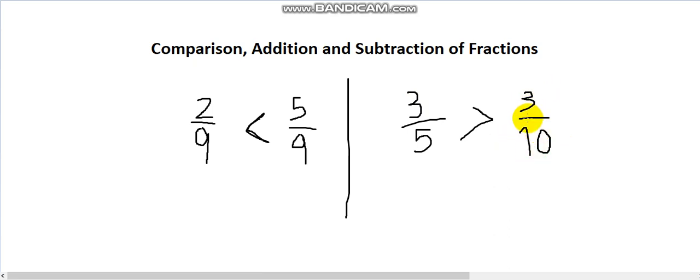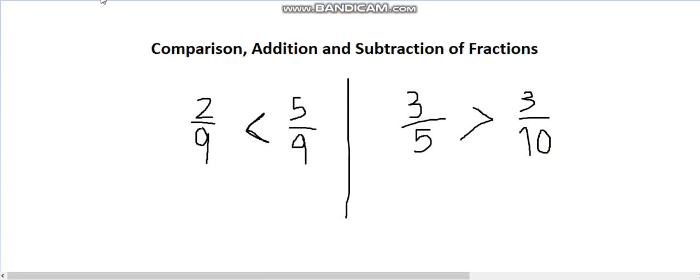They have the same number of pieces, but this person has bigger pieces because he only cut his into 5, whereas this person cut them into 10. So this person's pieces are much larger than this person's pieces. So it makes sense that even though they have the same number of pieces, since this person has bigger pieces, 3/5 is more than 3/10.